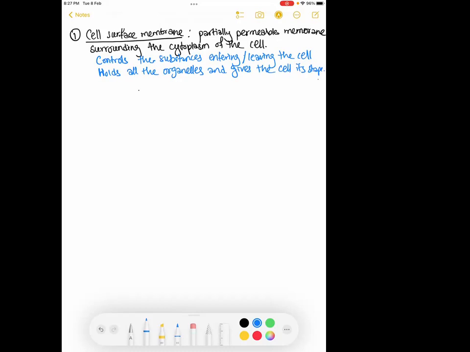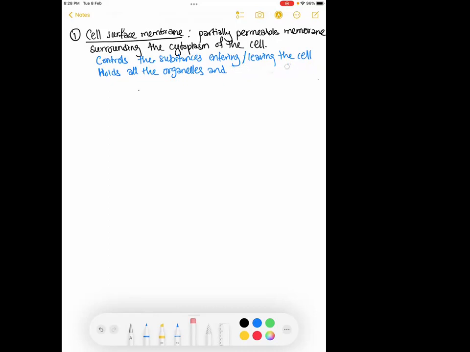Then plants, their shape. I thought plants get their shape from their cell wall, and animals don't have a definite shape. Yes, exactly. Animals don't really have a definite shape. If you don't want to write it this way, you can simply say that it just holds all the organelles, and it acts as a boundary.